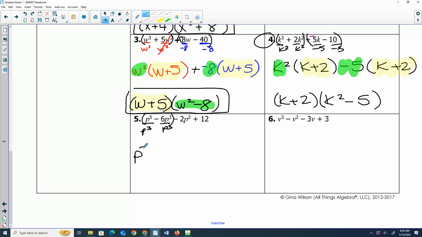When I take that out, you had 5 p's, you took out 3, so there's 2 left. 6p to the 3rd divided by p to the 3rd is just 6. Here, this was a minus, so before you add your parentheses, you have to make it plus a negative. 2p squared, -2p squared, and positive 12. What could we take out?